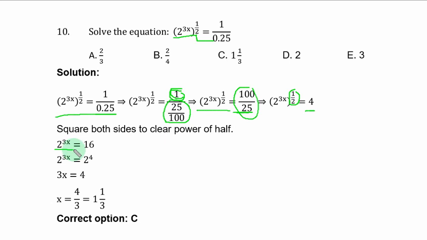Square of 4 is 16. You can express 16 to base 4 in this form. The bases are the same. If you equate them, the powers are left. To get s, divide both sides by 3. You have 4 over 3, and that is one whole number, 1 over 3. C is the correct option.